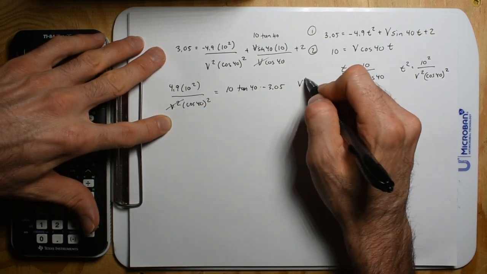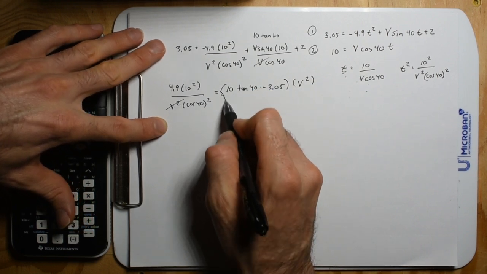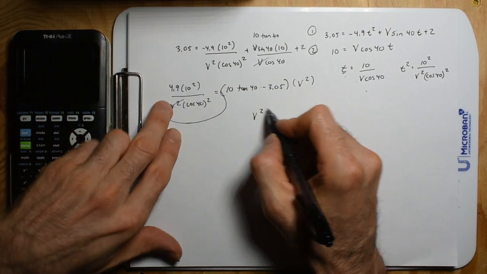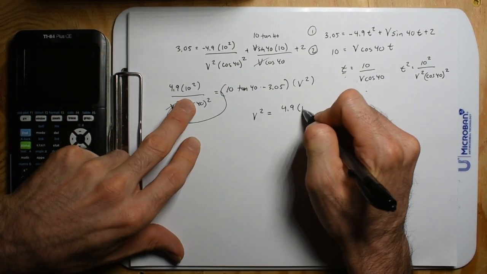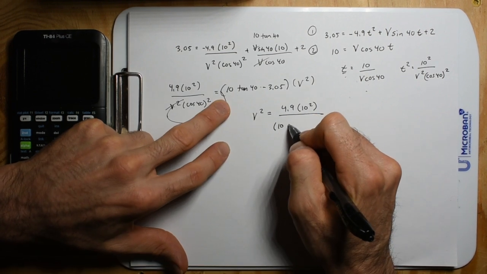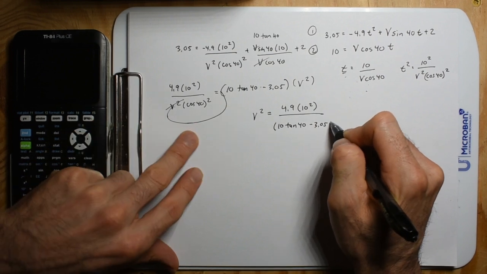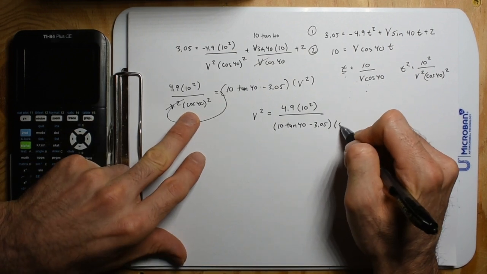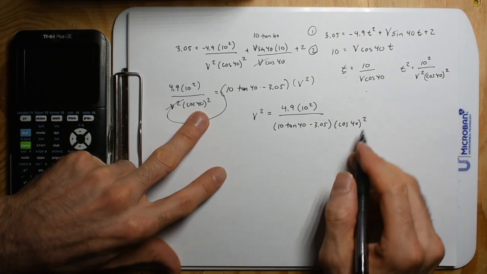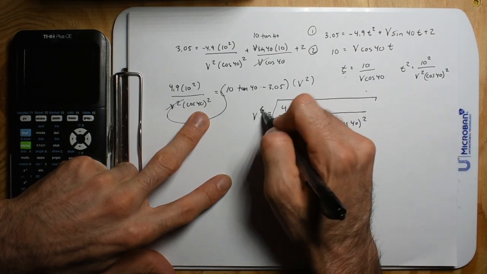Sometimes it's just easy for me to take all this and then put it right there. And so now I can rearrange the equation. I'm going to go v squared equals 4.9 times 10 squared over cosine 40 squared. So doing these little tricks actually helps me not mess up. Because otherwise you're just going to be writing the same equation 1,000 times, and you're going to forget one thing. And then the square root of it is our velocity.